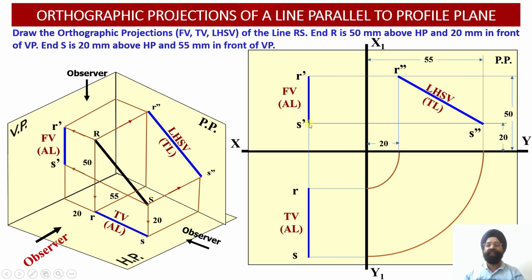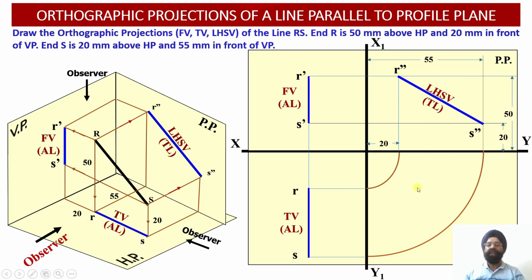This way we have checked that this is an oblique line which happens to be parallel to the profile plane. To begin with, we evaluated the true length projection of this line in the profile plane, and after drawing the left hand side view, we translated these projections into the top view and the front view.